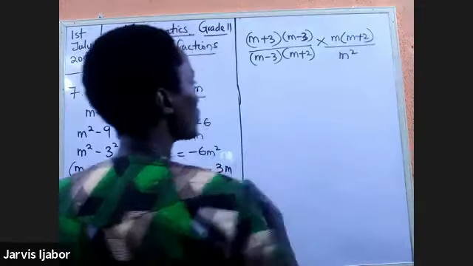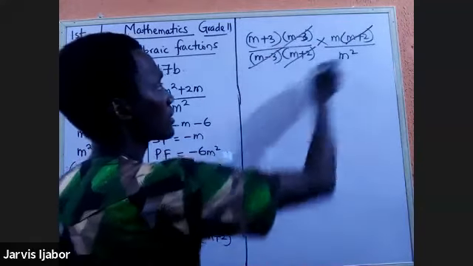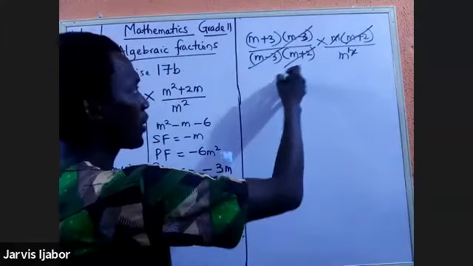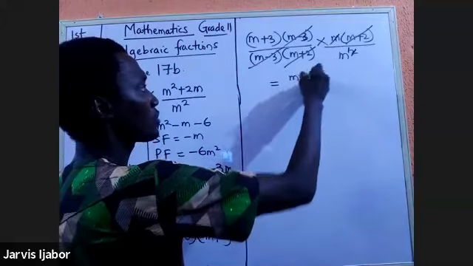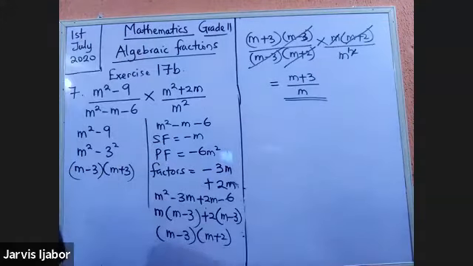M squared. So you can see that I can cancel this, I can cancel this. I can cancel one of this, and I'll cancel that. So what I'm going to have will be M plus 3 over what? M. That is the final answer for question number 7.